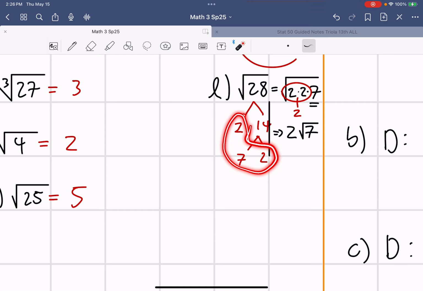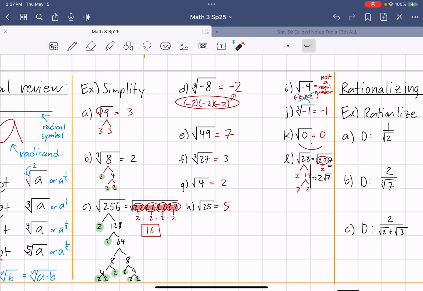And the prime factorization is used to separate the number into different factors. So just in case you hadn't worked with radicals in a while, this is useful.